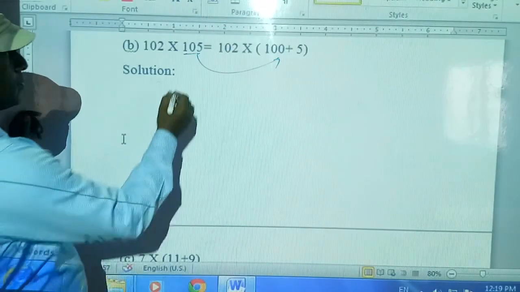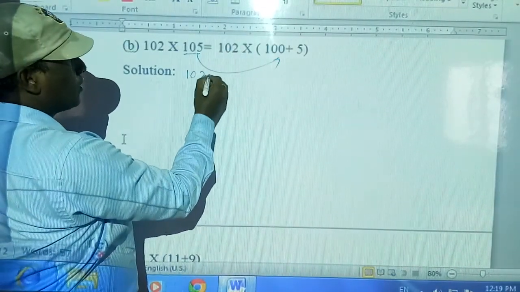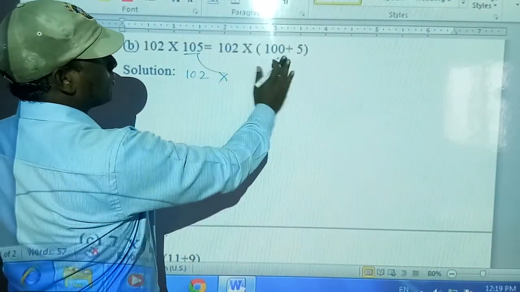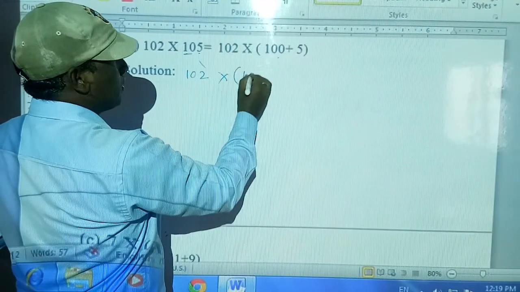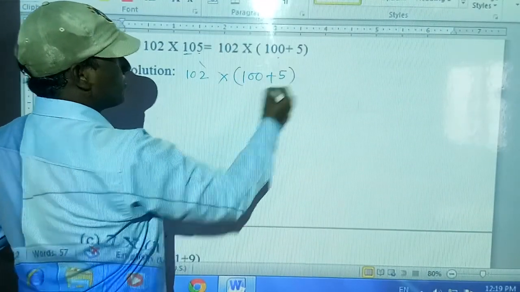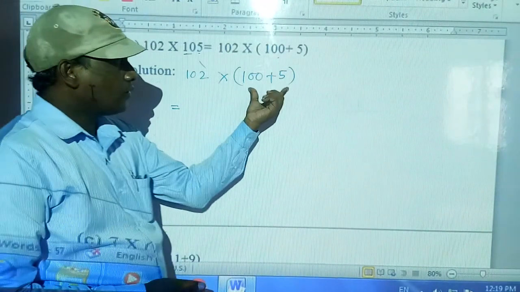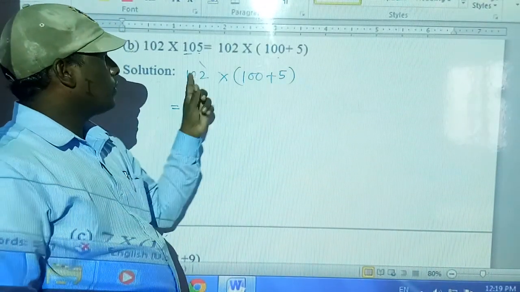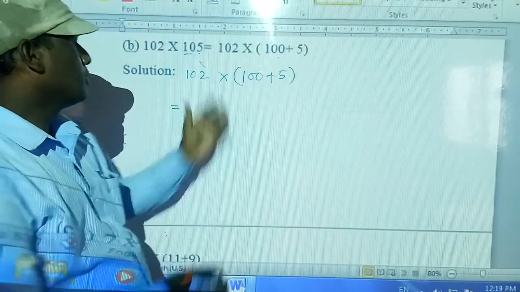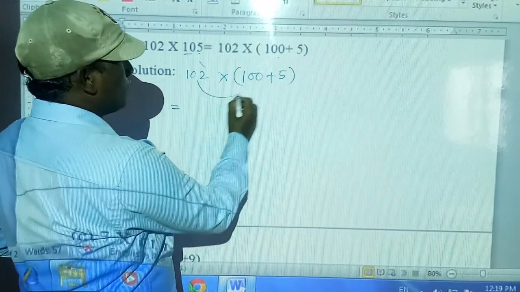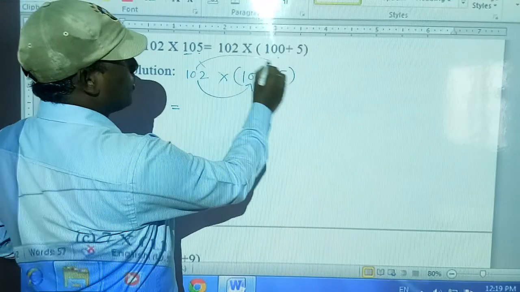Now you solve. Write down first 102 into bracket 100 plus 5 is equal to. What will you do? What I told you, the numbers inside the bracket should be multiplied with this. So first multiply this with 100, then multiply with 5.